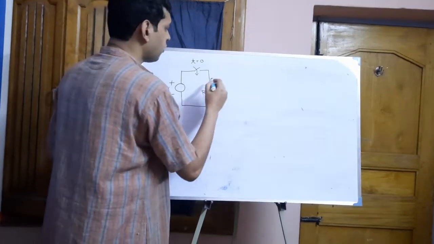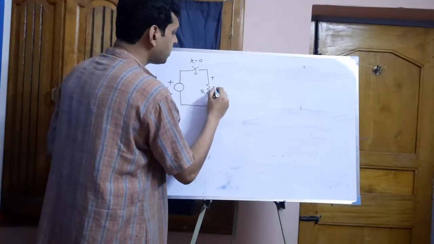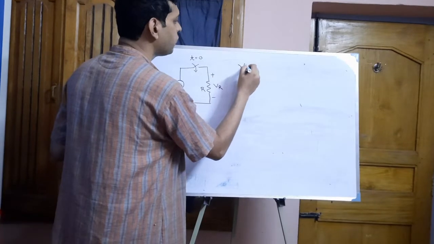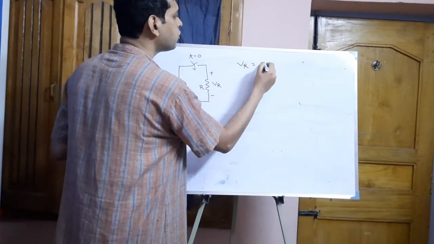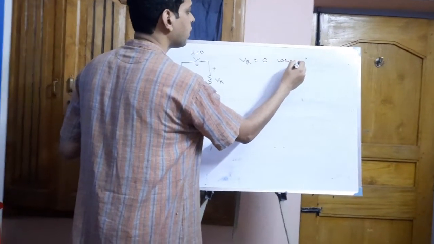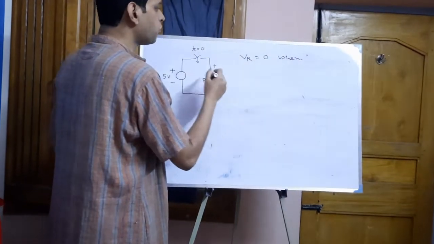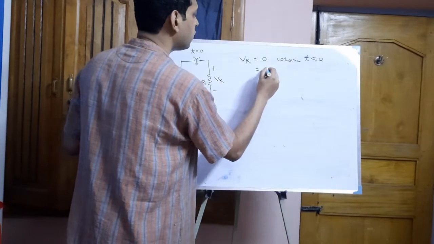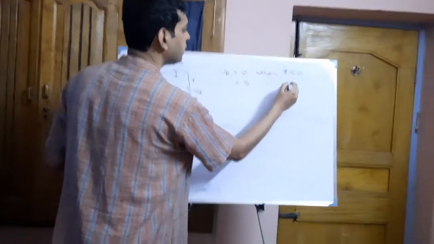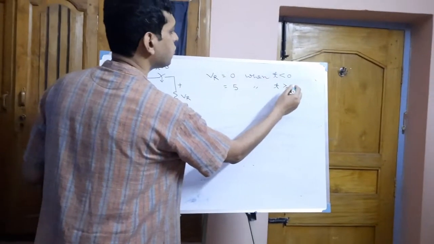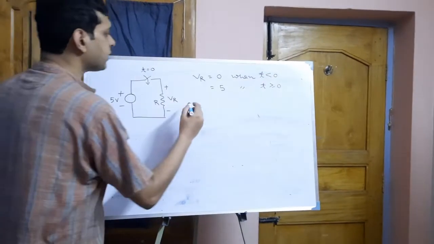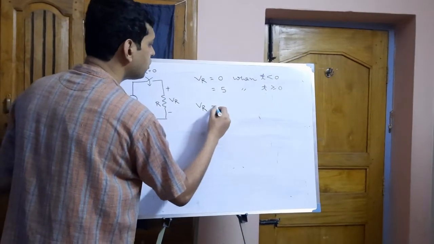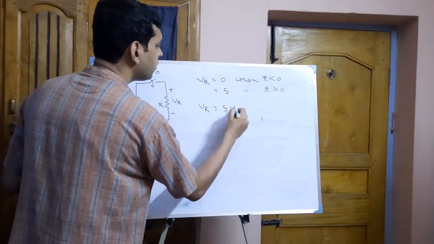So what is the voltage across R? VR equal to 0 when t less than 0, and VR equal to 5 when t greater than equal to 0. So we can write that VR equal to 5 u(t).